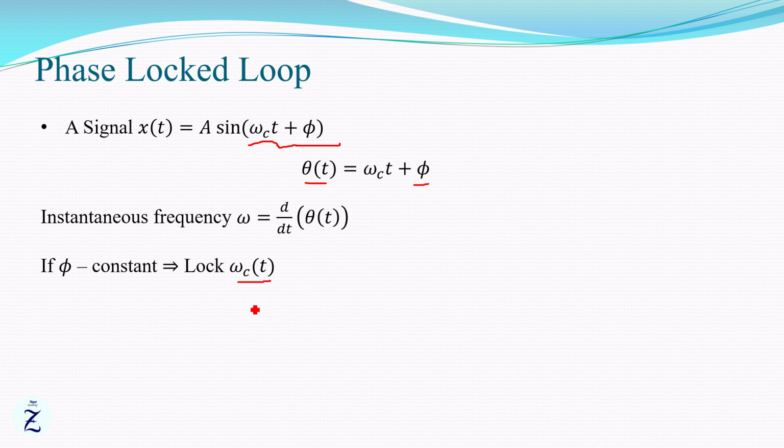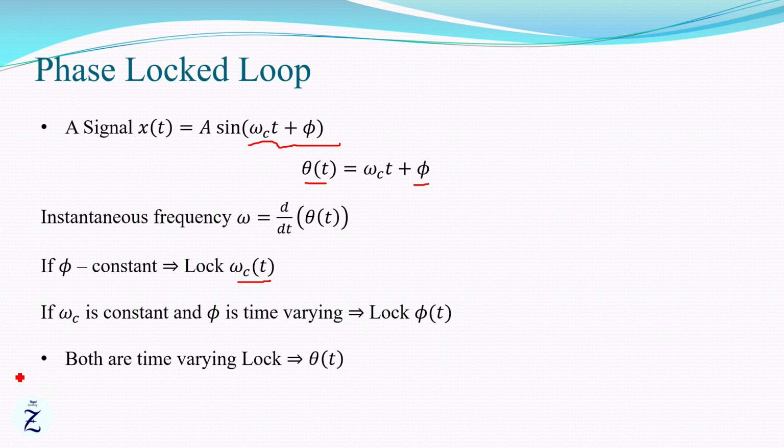On the other hand, if the frequency is fixed and known, and the term φ is a time varying function, then we need to lock this phase term. Suppose both frequency and phase are time varying functions, then there is no need of discriminating these two terms. Instead, consider this θ(t) as a whole, and we need to lock this instantaneous phase.